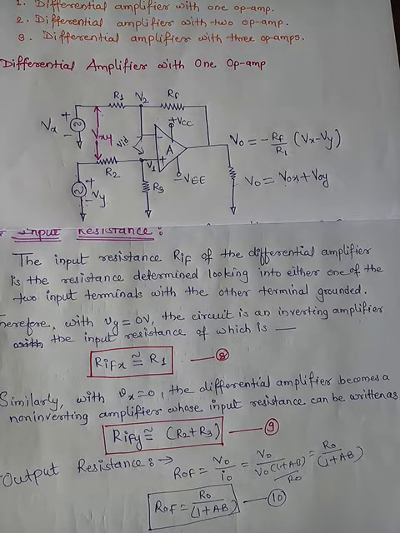Okay, so in the coming lectures we are going to see other arrangements of the differential amplifier that will provide high input resistance, when we use the differential amplifier with two operational amplifiers, and we will design the differential amplifier when three operational amplifiers are used.